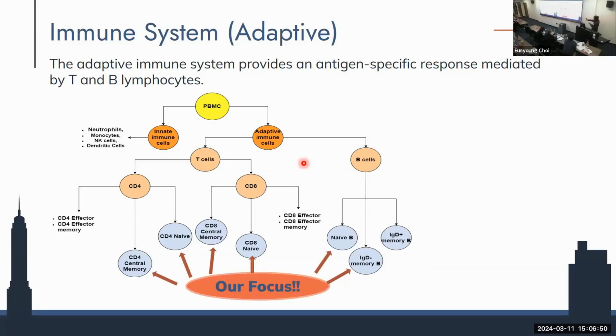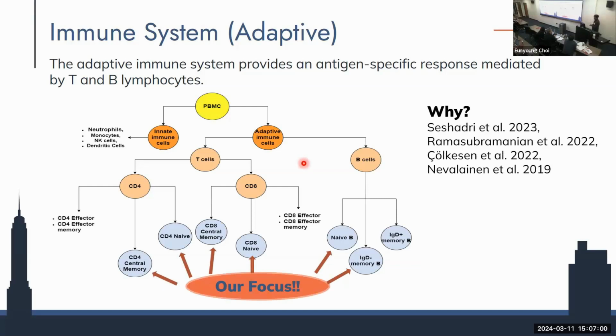And we will be looking into these 6 specific components of immune cells because CD4 naive T cells were shown to be associated with mortality in previous studies. And CD8 naive and naive B cells are also naive cells, so we care about flexibility a lot. We want to look into that as well.